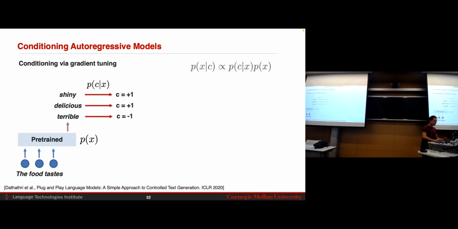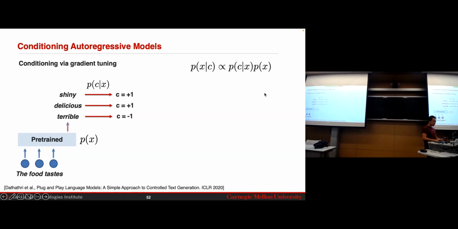So the main idea of gradient tuning in this paper and some subsequent papers is to factorize my P of X given C, which is the final model that I want to achieve, language conditioned on some attribute, as proportional to my P of C given X and P of X. So that's Bayes' rule. P of C given X, instead of generating data conditional on the attribute, classifies data to some attribute.